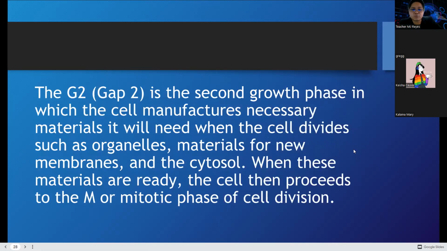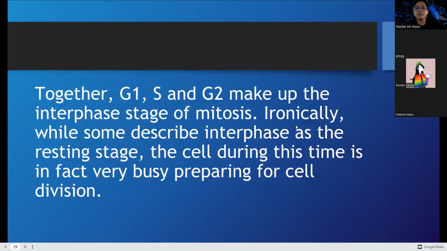The next phase is G2 or Gap 2. This is the second growth phase, in which the cell manufactures the necessary materials it will need when the cell divides, such as organelles, materials for new membranes, and cytosol. When these materials are ready, the cell then proceeds to M phase or the mitotic phase of cell division. Together, G1, S, and G2 make up the interphase stage, the preparation stage.